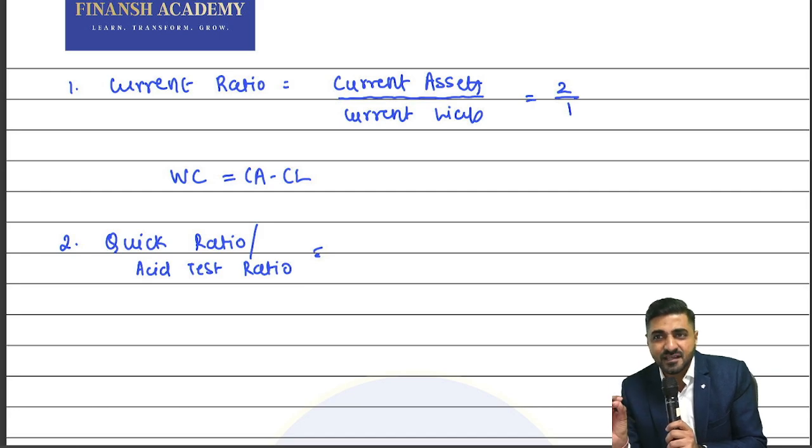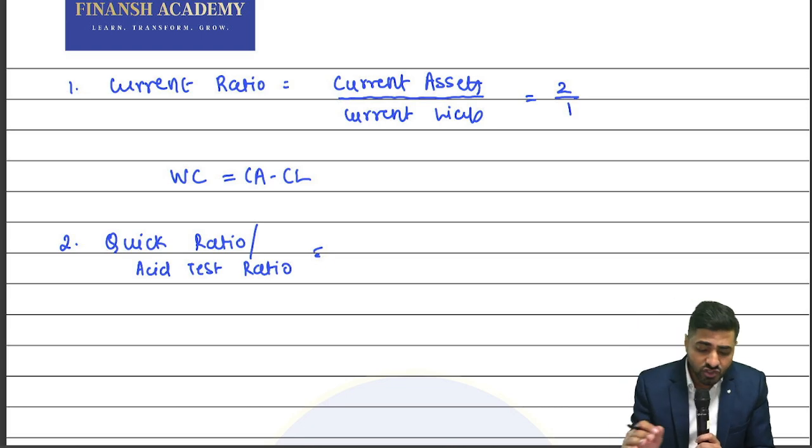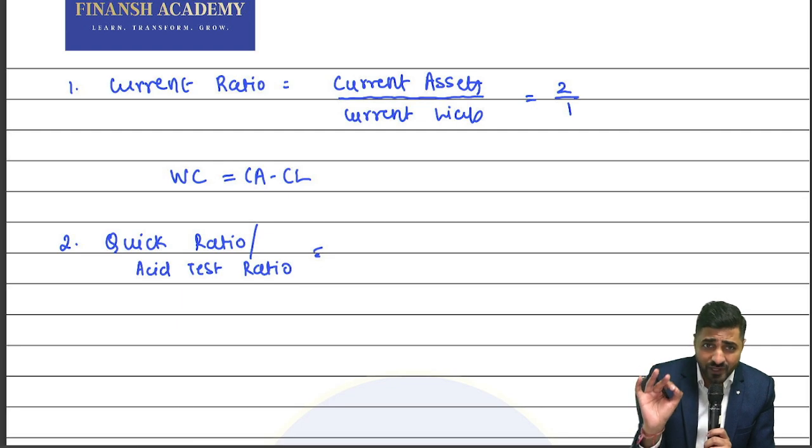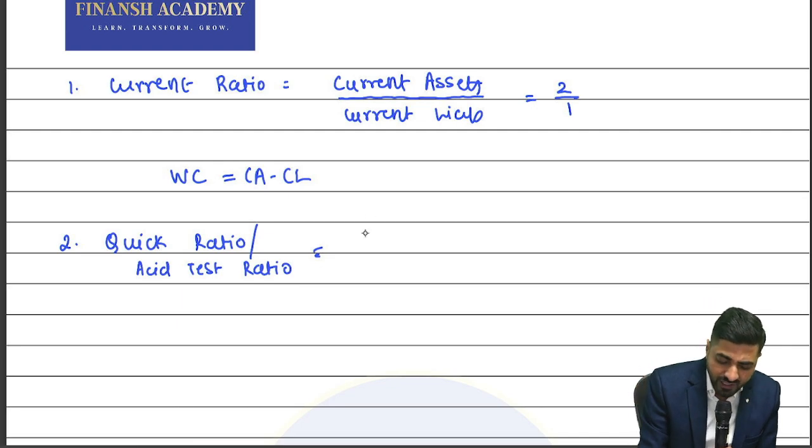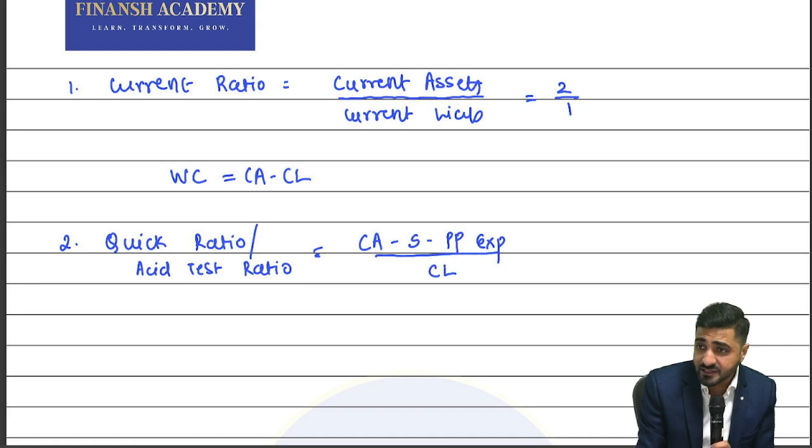I agree with you. But what are quick assets? Assets which can be converted into cash in an immediate manner. So your quick ratio is nothing but current assets minus stock minus prepaid expenses upon current liability.